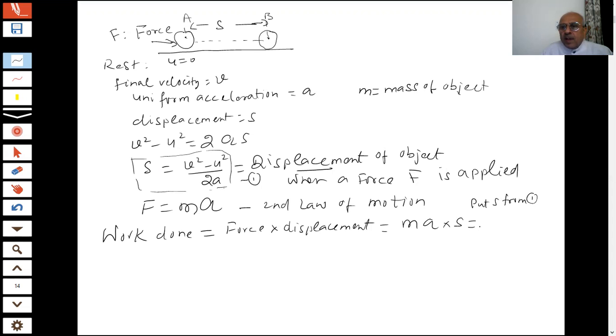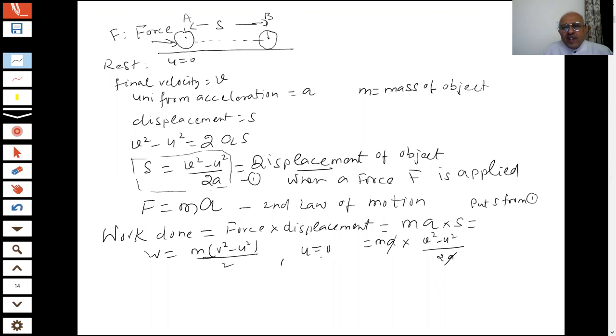So what will we get? Ma into V square minus U square by 2a. A will get cancelled, students. So what is the work done then? M into V square minus U square by 2.